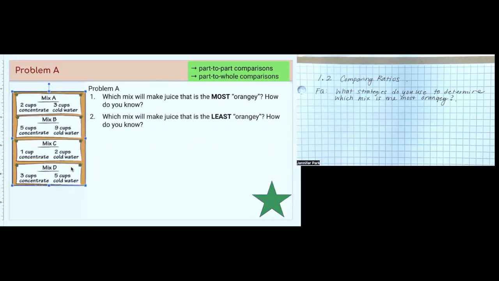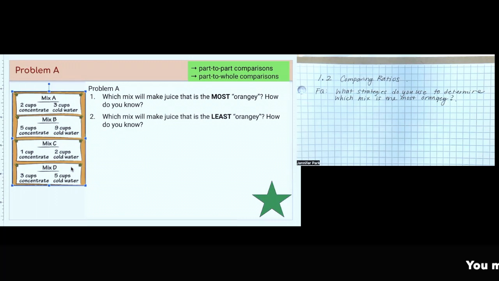Now, please take a look. And I want you to come up with your own response to these two questions. First, please choose the mix that will make the juice the most orangey. So you have 4 options, mix A, B, C, D. Look at the mix and choose the juice that is the most orangey.